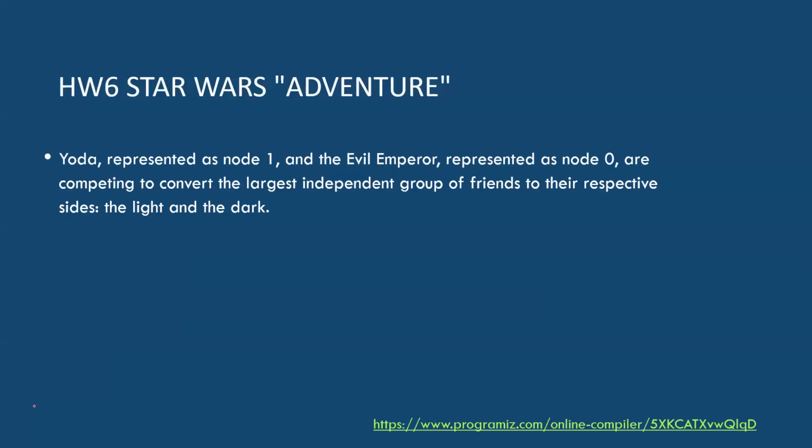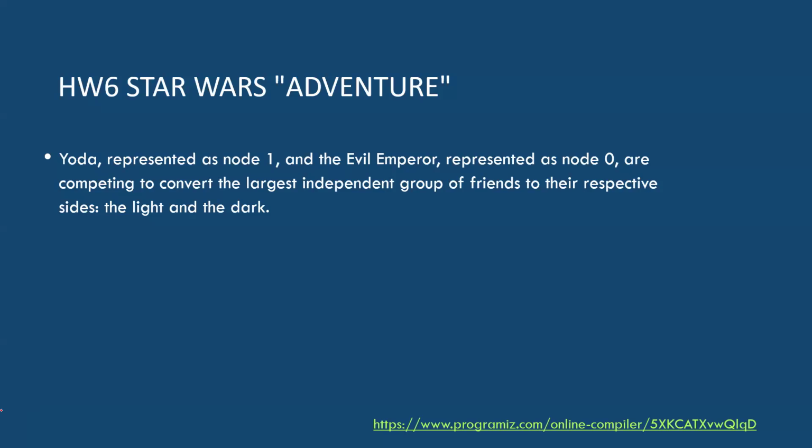So let's put it in the context of Star Wars. Yoda is node 1, the evil emperor is node 0 in a very large graph. They are probably on an island with a lot of other people. Some are following Yoda, some are following the evil emperor, okay? That's a connected component that is connected to node 1, or a connected component connected to 0, okay?